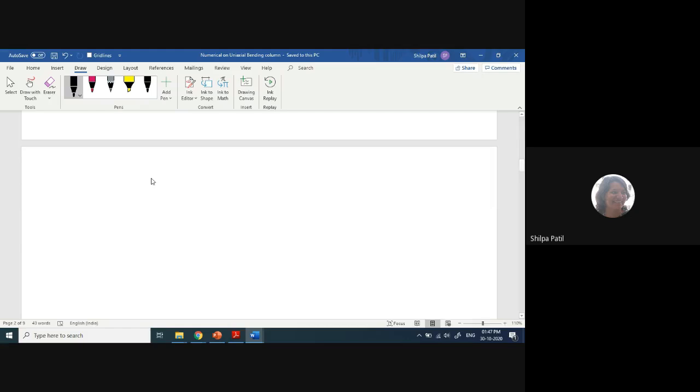Okay. The next step is to calculate the minimum eccentricity because based on this step, we actually find out how to design the column, whether it is to be designed as axially loaded or eccentrically loaded. In eccentrically loaded, again, whether it is uniaxial bending or biaxial bending. So let us first find out the actual eccentricity.